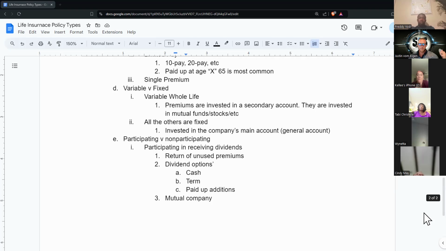You say, instead of giving me the $80, just buy more life insurance with it and increase my policy to like $100,120. And then it accumulates, the snowball effect, because now you have a $100,120 policy earning dividends instead of a $100,000 policy. And the policy increases, and then the cash value starts increasing as well.